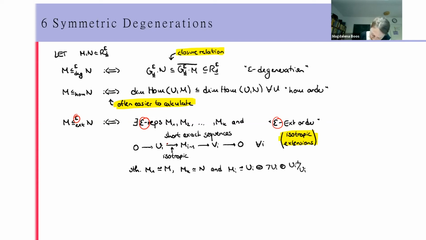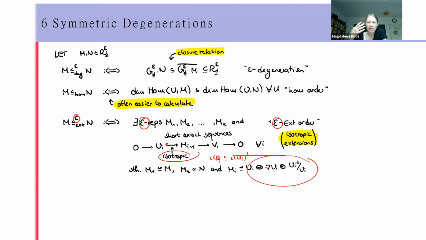But now this embedding has to be isotropic. So the image has to be in the orthogonal complement. And we start with M and end with N, that's the same. And then the middle term adds up differently. We have to put in the form and the isotropic structure. Okay.